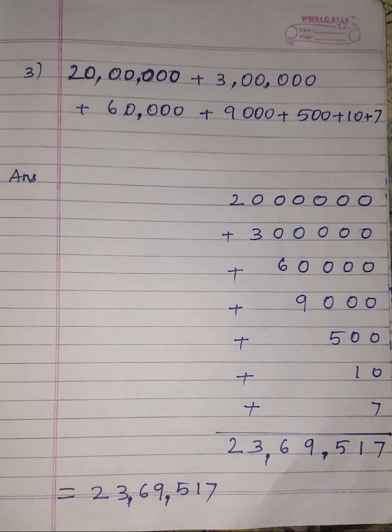The next, the tens place: 0 plus 0 plus 0 plus 0 plus 0 plus 1 equals 1. So we write 1 in the tens place. Next in the hundreds place, 0 plus 0 plus 0 plus 0 plus 5 equals 5, so we write 5 in the hundreds place. Now next we move on to the thousands place: 0 plus 0 plus 0 plus 9 is 9.